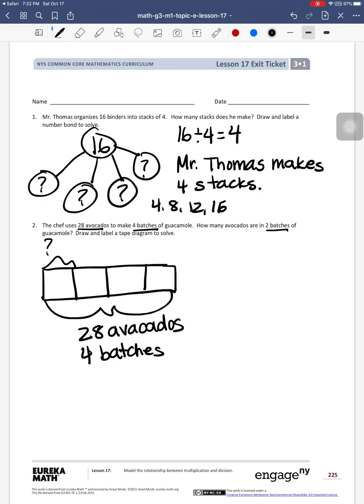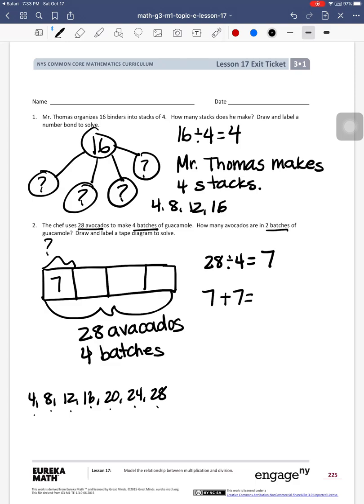That's the unknown. So we could do 28 divided by 4. And let's count on. 4, 8, 12, 16, 20, 24, 28. How many times did we count on? 1, 2, 3, 4, 5, 6, 7. 7 times. Now, 7 is 1 batch, right? So this would be 1 batch is 7. But we need to know how many are in 2 batches. So we have to add 7 plus 7 to get our 2 batches, which equals 14.